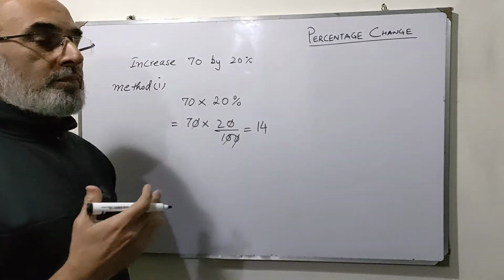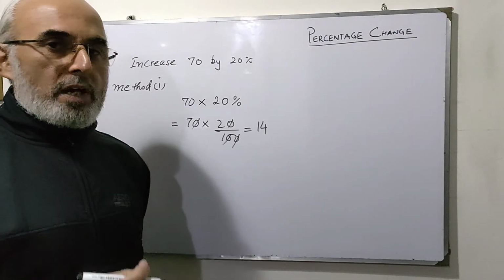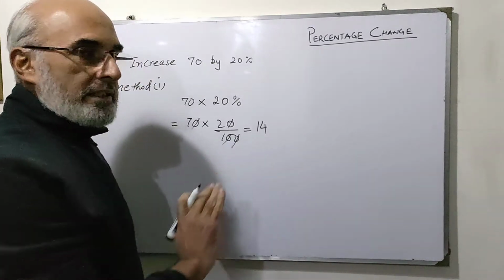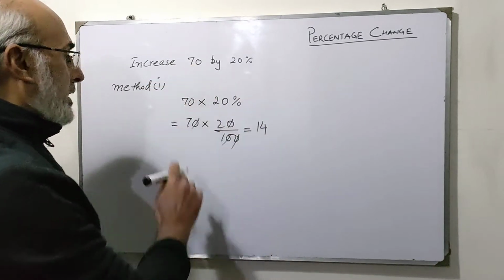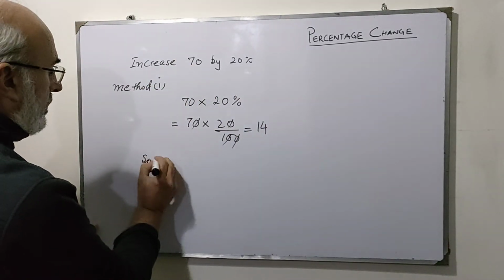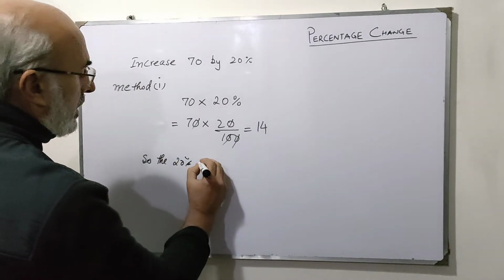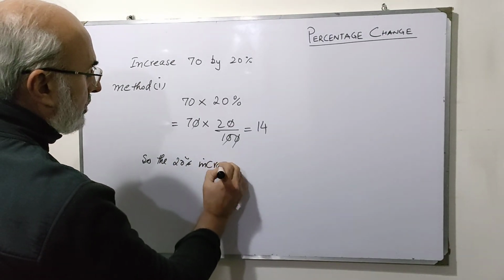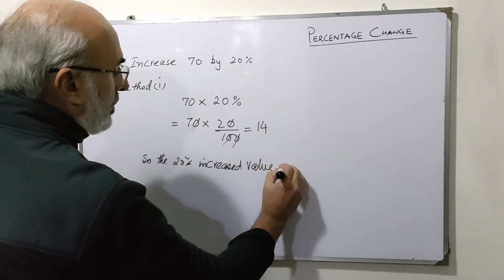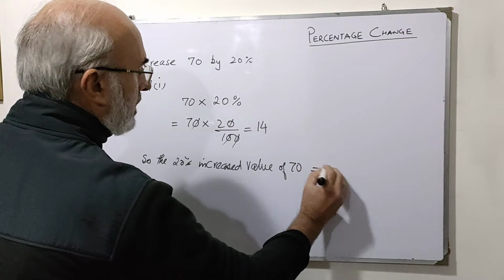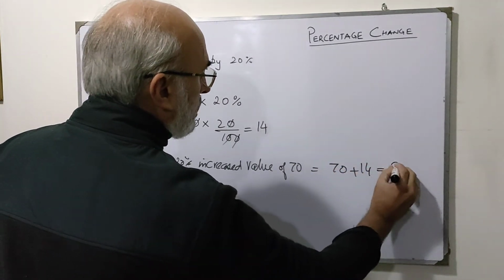But we have to give the increased value of 70 by 20%. So what do we have to do? It's not complete yet. We have to add this 14 to 70. So the 20% increased value of 70 equals 70 plus 14, which is equal to 84.